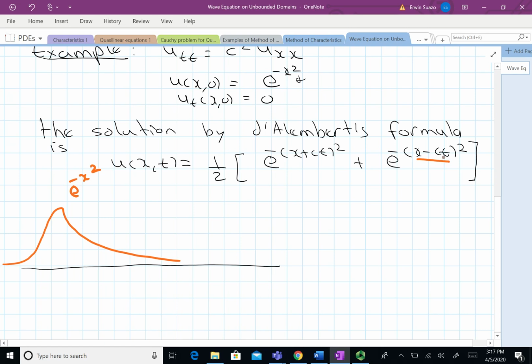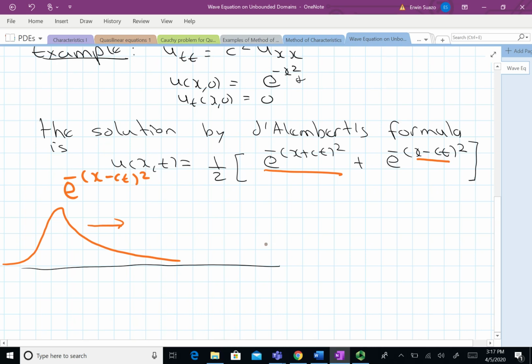So for every hour, or whatever your units are, I have moved c units to the right. I'm going to call it e to the minus (x minus ct) squared.